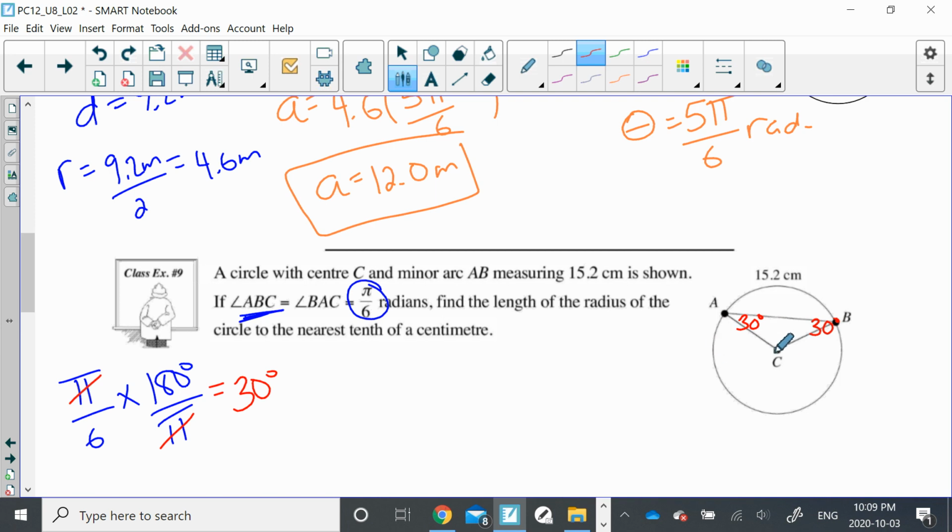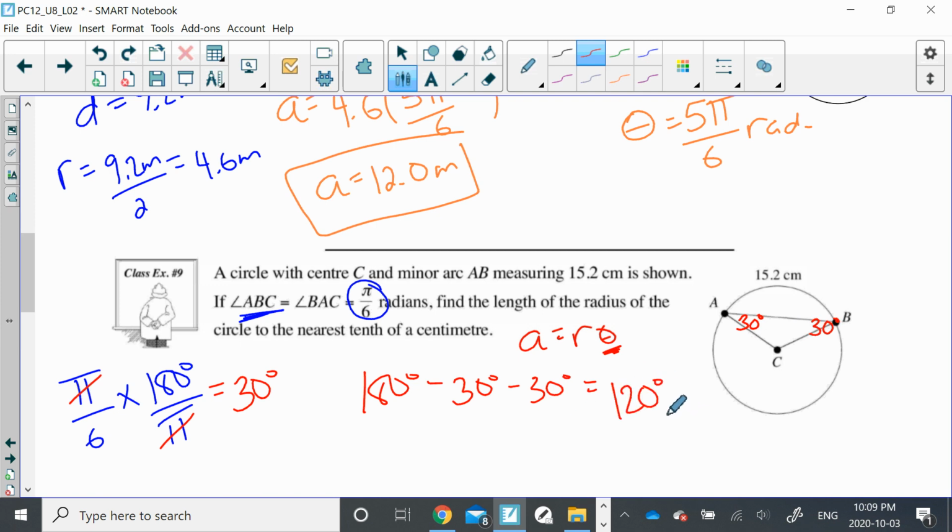I need to figure out what angle C is because that would be the central angle, and that's the angle in our formula, right? That would be this angle here. A triangle has 180 degrees, so 180 degrees minus 30 degrees minus 30 degrees. This angle C, which would be my central angle, would be 180 degrees minus 60 degrees, which is 120 degrees.